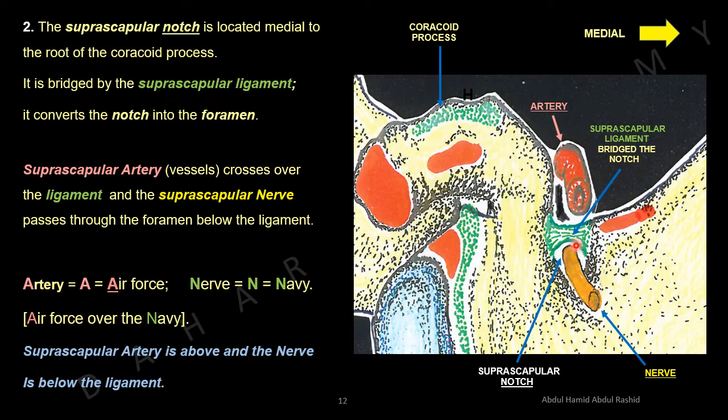The suprascapular artery and vessels pass over the ligament, and the suprascapular nerve goes through the foramen below the ligament. To remember, artery A, Air Force, nerve N, Navy: always the Air Force is over the Navy. The artery is over the nerve, separated by the suprascapular ligament.